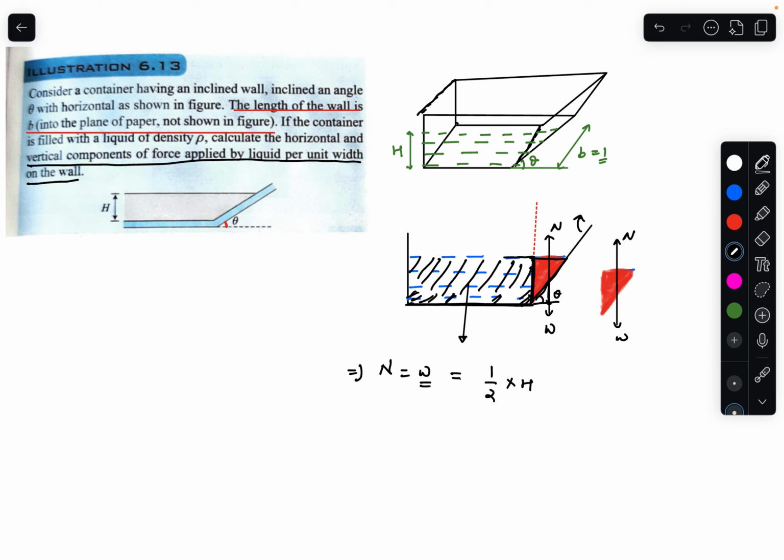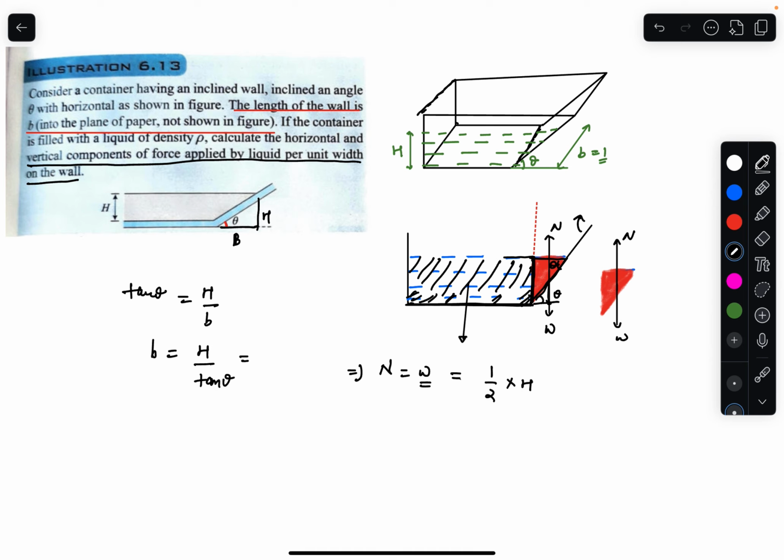So I can say the tan theta value from there. Tan theta, if you take this h height and this, let's suppose, base b, you will say h divided by b. So b becomes h divided by tan theta.